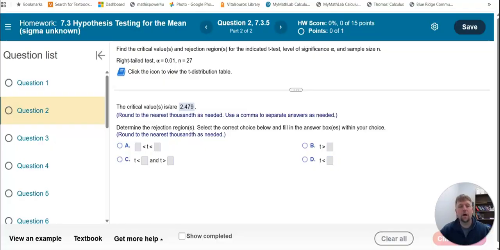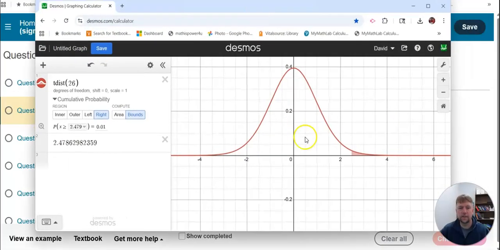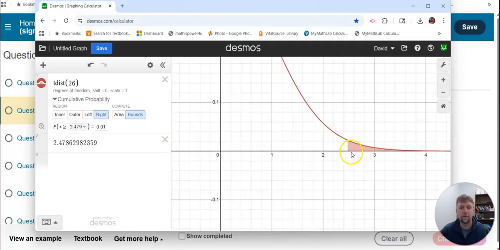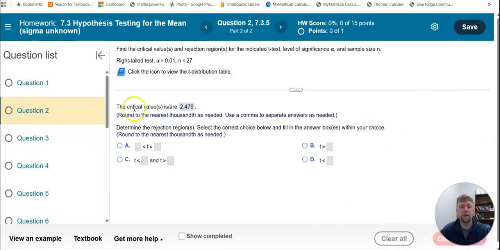So it's all numbers bigger than that number. There's the greater than symbol. This is the t-axis, and these are all the t's from here up, all the t's that are bigger than 2.479. So I'm going to select that one.